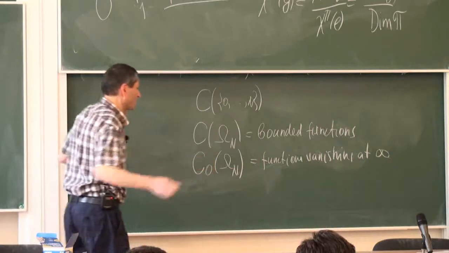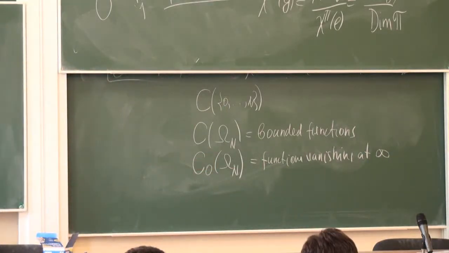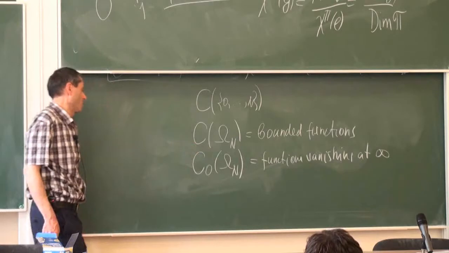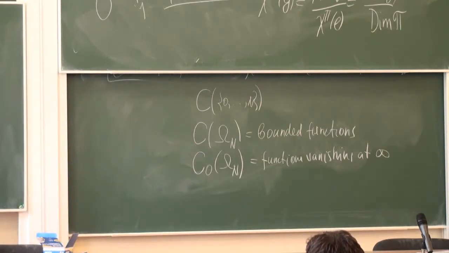Vanishing at infinity just means that outside a large finite set, the values of our functions are very small. This is a closed subspace in this Banach space.